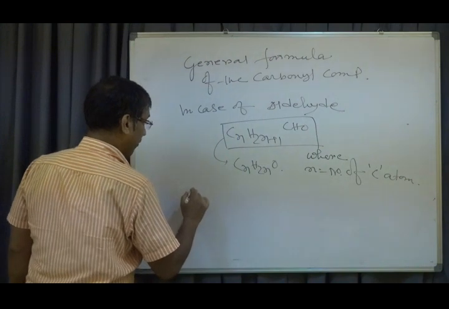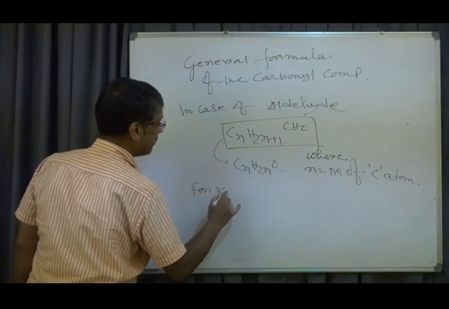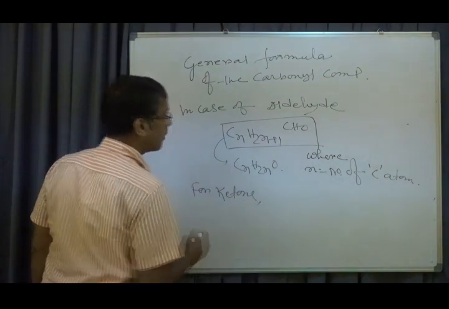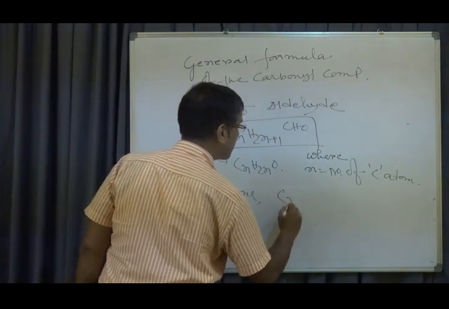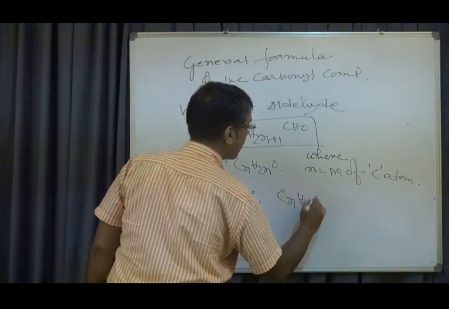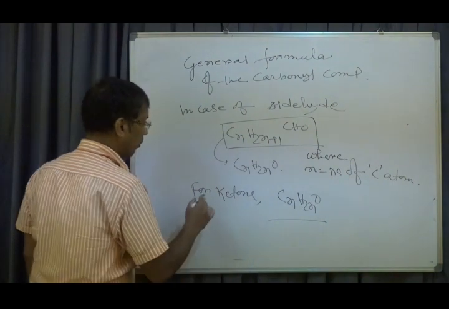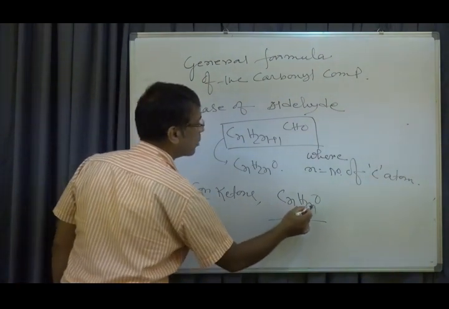And for ketone, the general formula is CnH2nO.